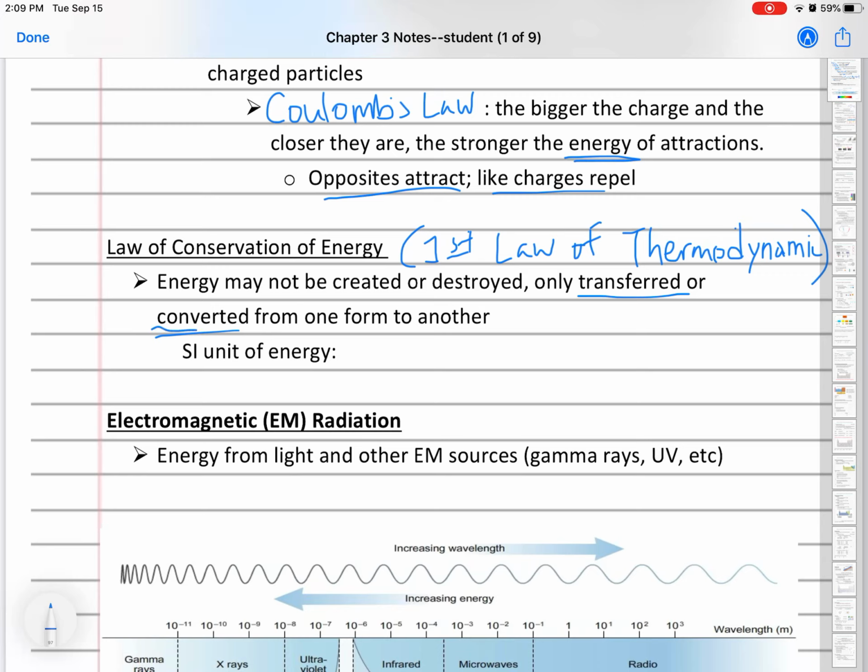So my favorite sort of fictional example of this is from the movie Black Panther. If you haven't seen it, you should because it's really good. But the Black Panther character, he's a superhero and he has a superhero, spandex outfit. But his tech team designed one that can absorb kinetic energy and convert it to potential energy.